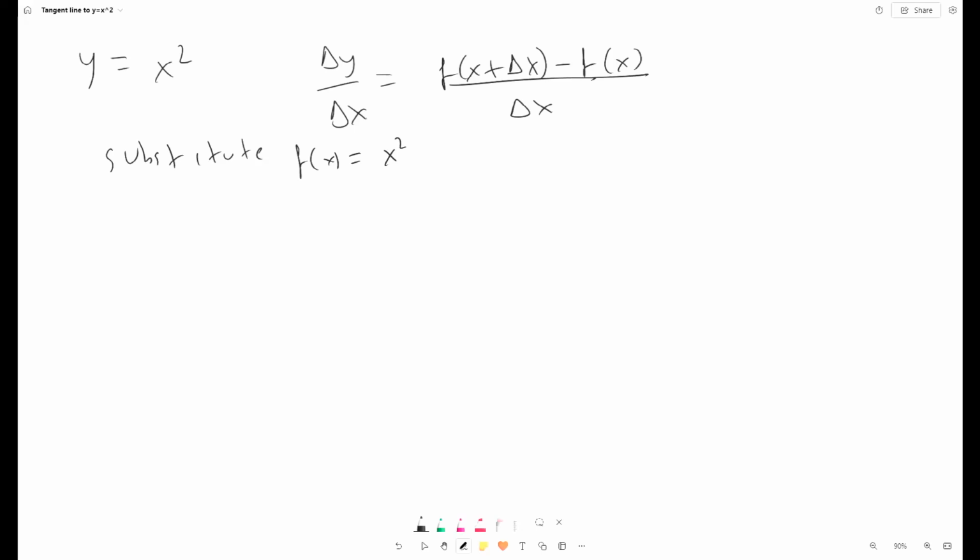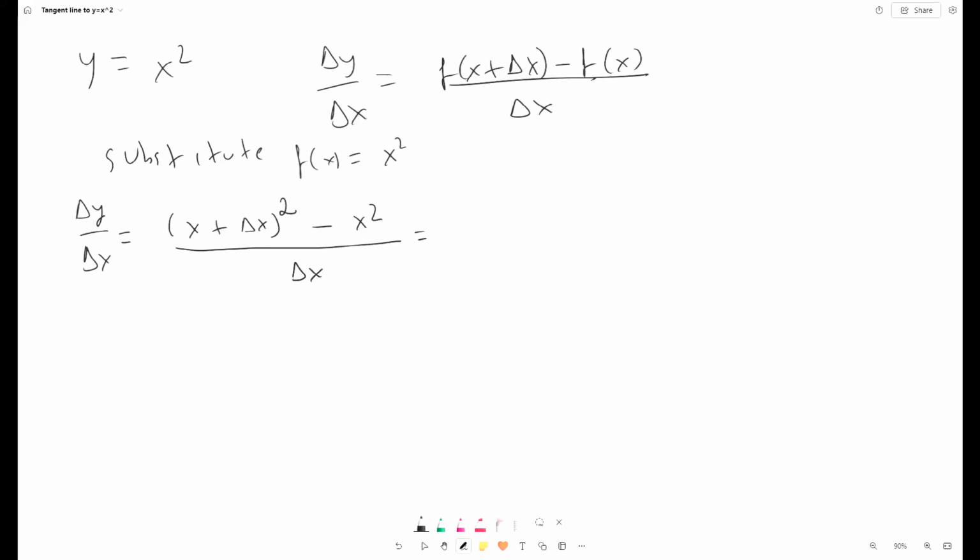That means delta y over delta x is equal to, so f of x plus delta x, that would be x plus delta x squared, minus x squared, over delta x.